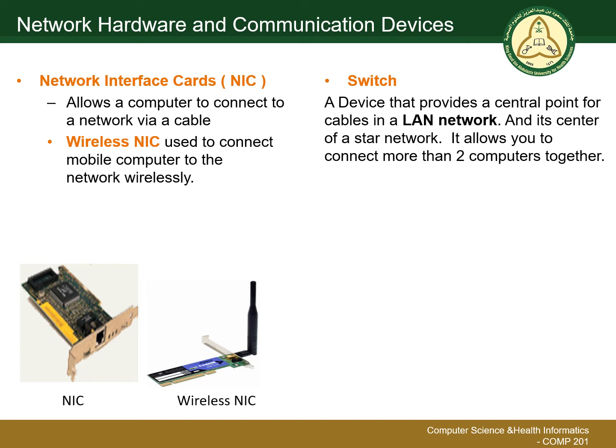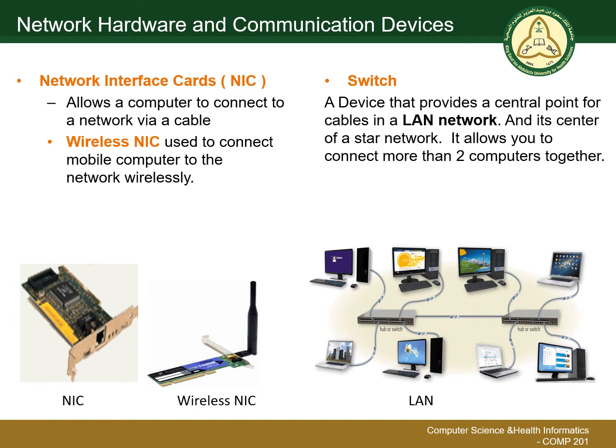So we can connect computers together as well as 2 different local area networks together. So we have one network here and one network here. The switches are connected together to connect 2 different local area networks. Also, it allows us to connect devices and form a local area network.